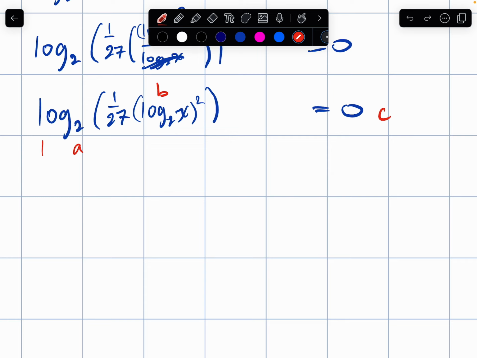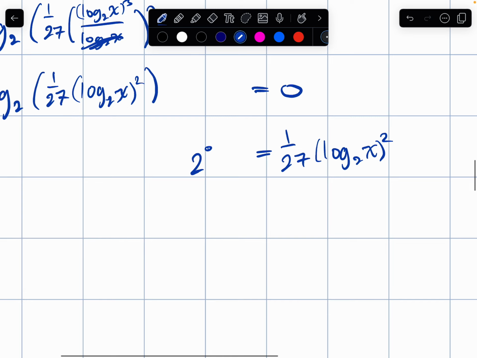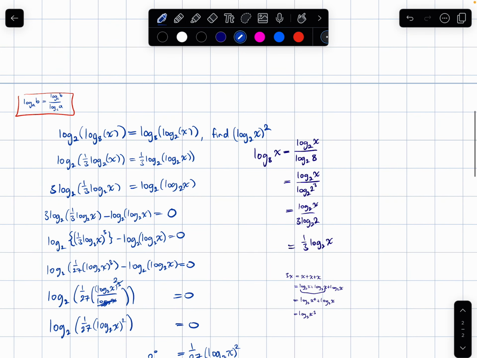So knowing that, we can say 2 to the power of 0 equals 1 on 27 log 2x squared, and then 2 to the power of 0 is just 1, right? So 27 times 1 is 27. And if I'm not mistaken, that's just our final answer that we need.